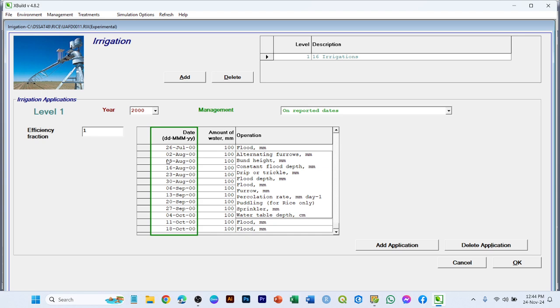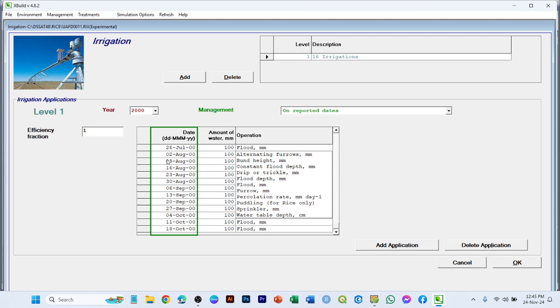So next is the fertilizer. So what are the treatments in your fertilizer? How much the level of fertilizers are there, and what are the dates of application, and what are the sources of application of fertilizer?